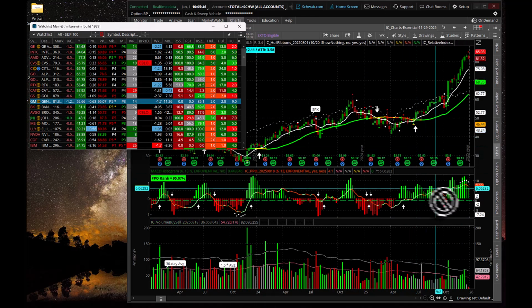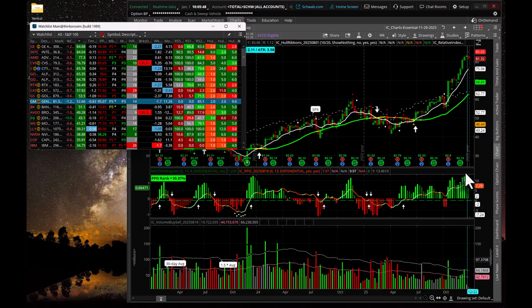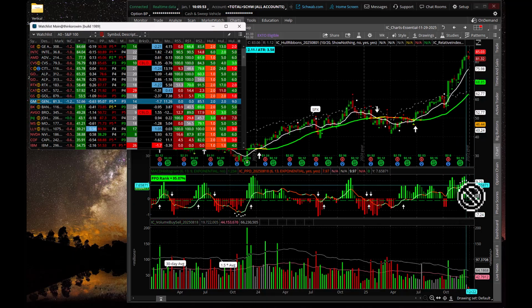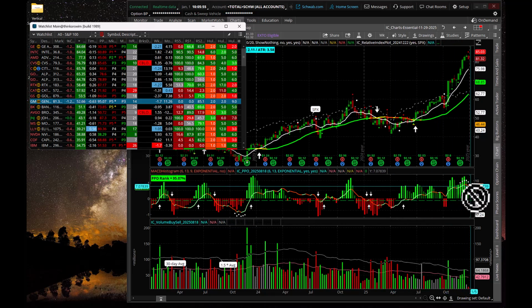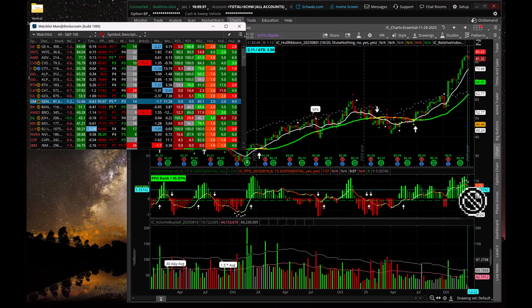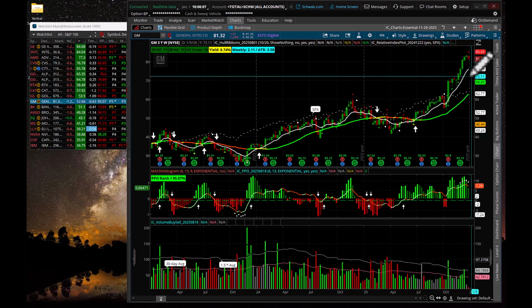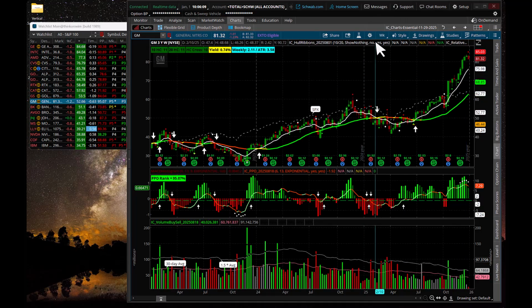So here's a case of where we've been in an overbought state for quite a while. But just recently, the PPO has started to decline. So the question is, where is it going to go? We have been overbought. If you compare the current price with the 10, this is at the weekly level.